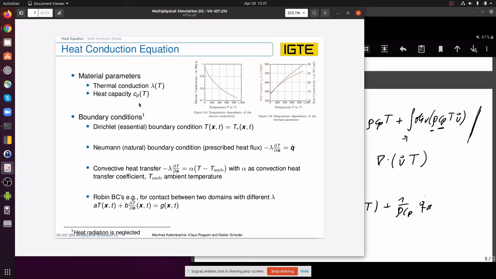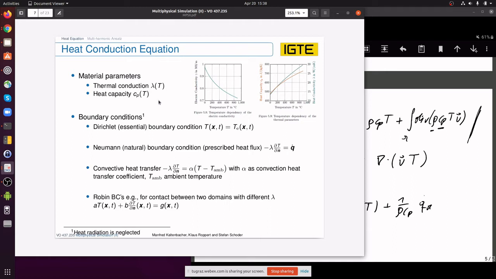In fact, there is a kind of heuristic law called the Wiedemann-Franz law that connects the electric conductivity and the thermal conductivity via a certain multiplication factor.